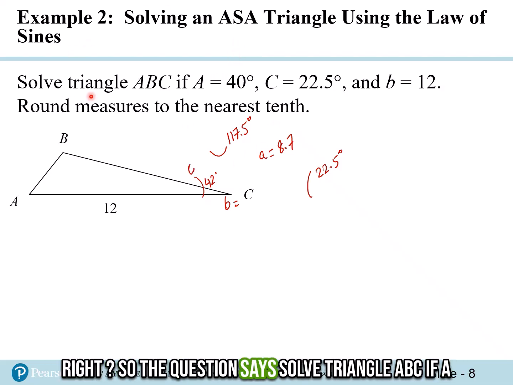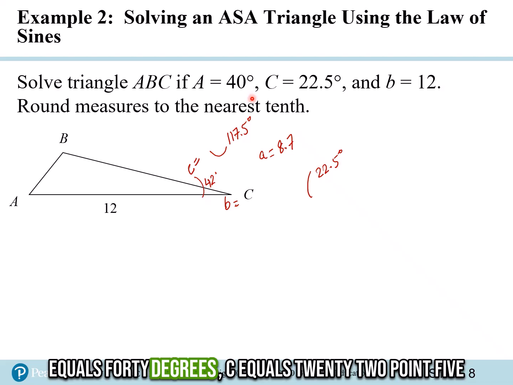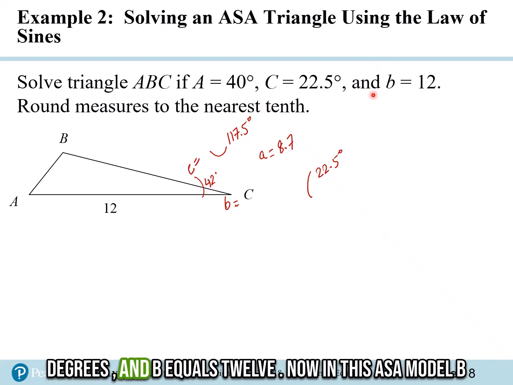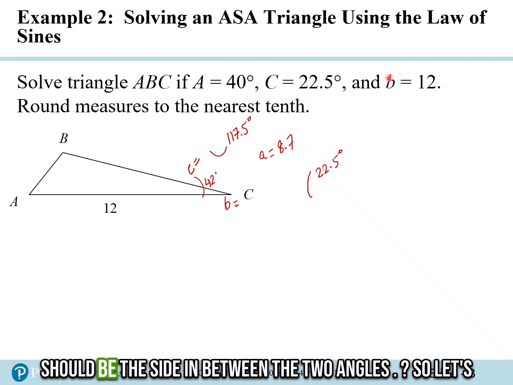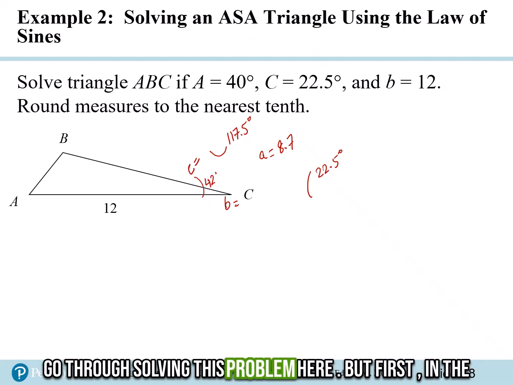So the question says: solve triangle ABC if A equals 40 degrees, C equals 22.5 degrees, and B equals 12. Now in this ASA model, B should be the side in between the two angles. So let's go through solving this problem here.